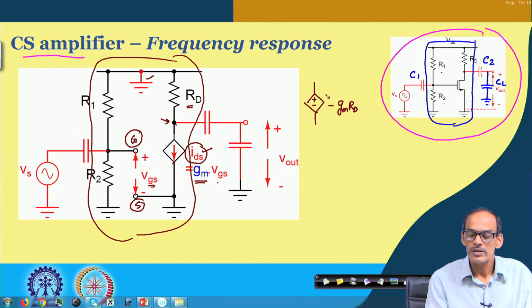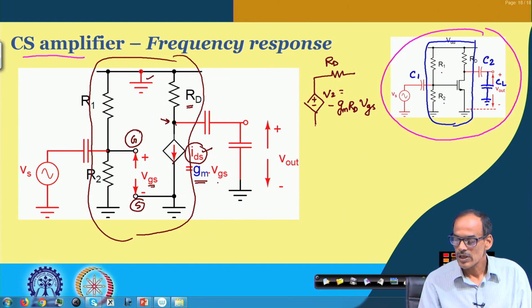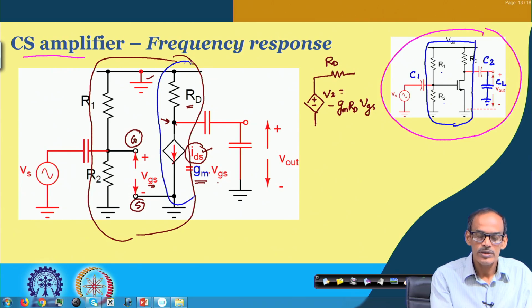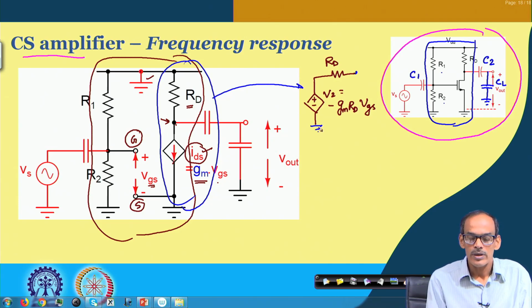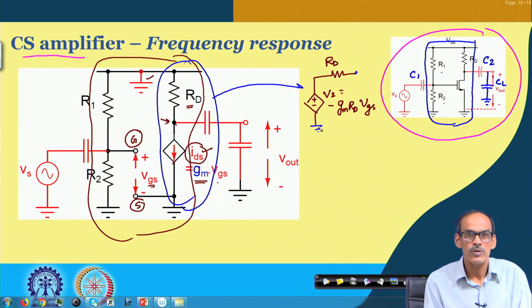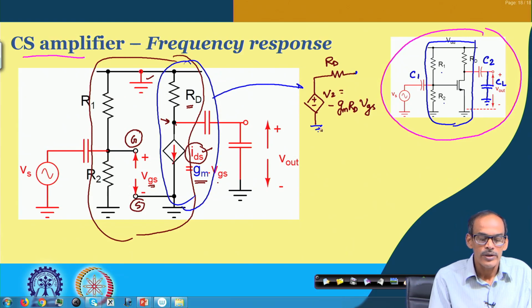So, the voltage here, you can say equivalently V2, is minus gm into RD into VGS, and of course, the corresponding Thevenin equivalent resistance will be the same as this RD. So, this output port part can be translated into this circuit, and once you translate it in this form, then we are moving towards our unified model of the amplifier.